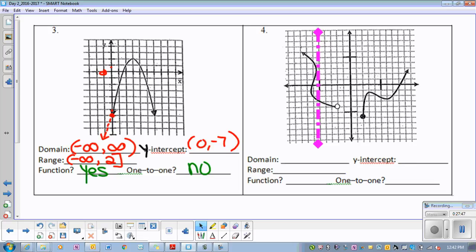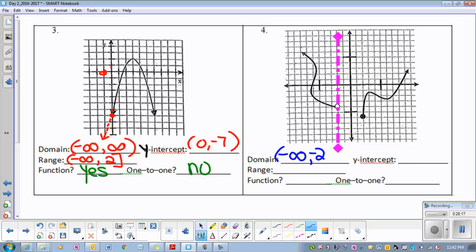So an arrow on the left means it's going towards negative infinity, right? Negative infinity. And then, oh, look at that. The graph stops right here before it jumps over, right? So you have to tell us it stops at what x number? Negative 2. Good.